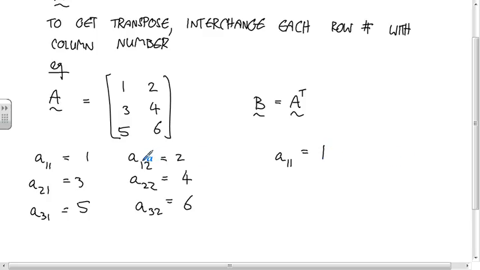Now instead of A12 being equal to 2, A21 is going to be equal to 2. Okay, so let's write it over here. Instead of A21 being equal to 3, A12 is going to be equal to 3. Instead of A31 being equal to 5, A13 is equal to 5.